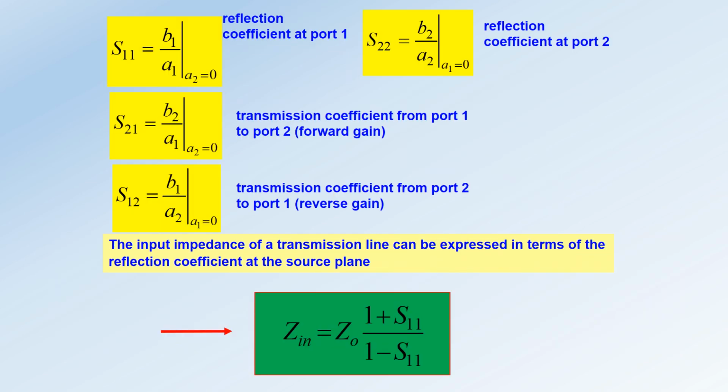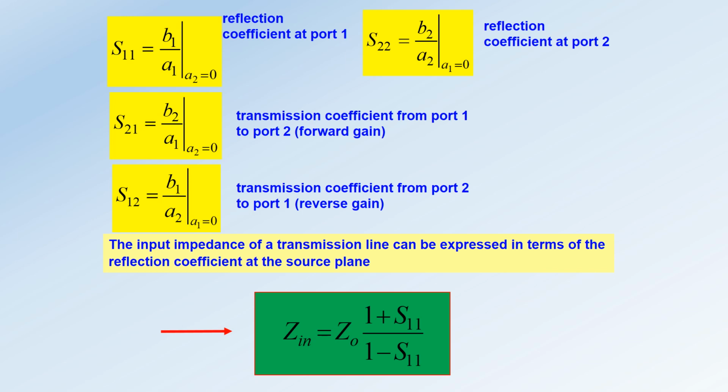In the yellow boxes you can see the expression of the reflection coefficients at port 1 and port 2 and the transmission coefficients from port 1 to port 2 and vice versa. S11 is given by the ratio between the outgoing signal B1 and the incoming signal A1. In the same way, S22 is given by the ratio between B2 and A2.